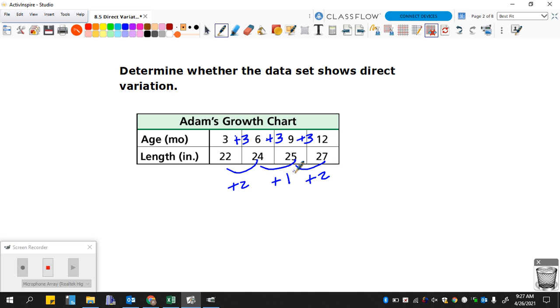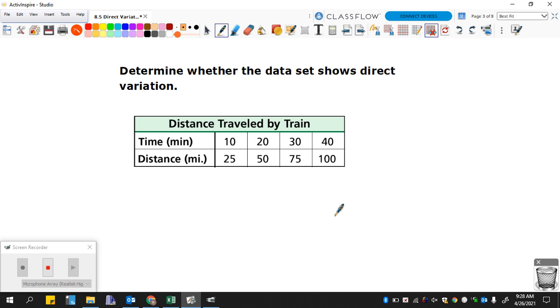But this right here shows that it's not linear, because a linear or direct variation equation says that a constant increase in one is going to result in a constant increase or decrease in the other. So this is not a direct variation.